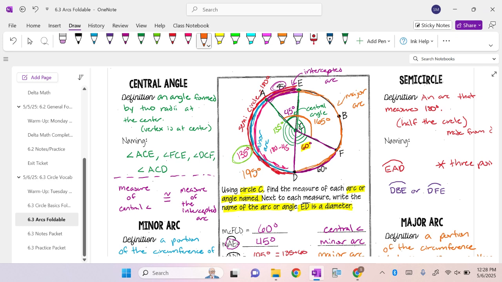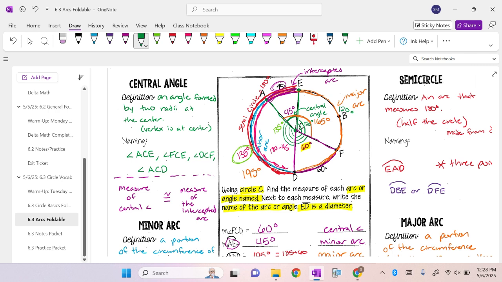Not 165. This big angle from A to F is 165. But I want from E to F, or this little bitty baby angle right here. Right, 165 minus 45, because we're taking out this piece over here. So if I do that very quickly, that'll just give me 120 degrees, which means this minor arc from E to F is also 120 degrees.